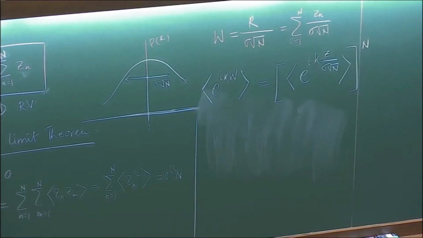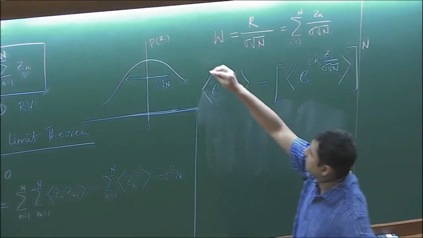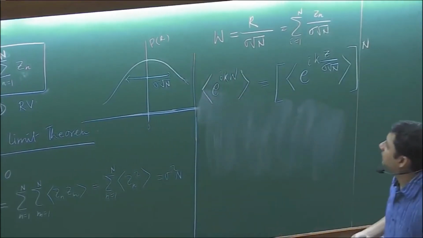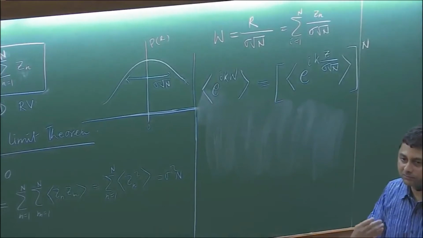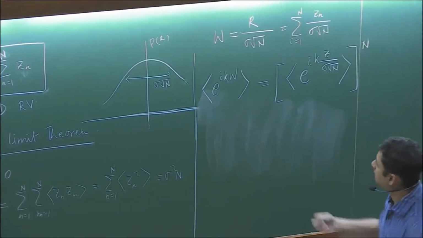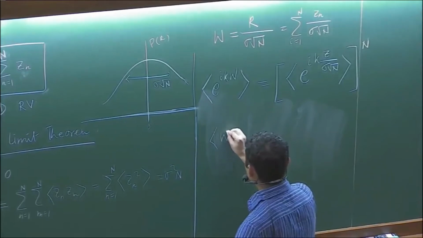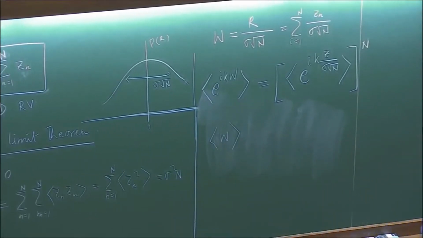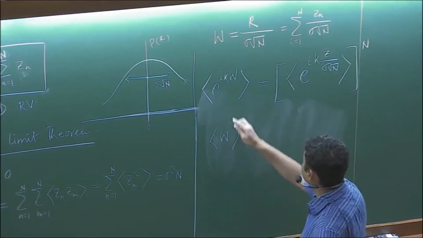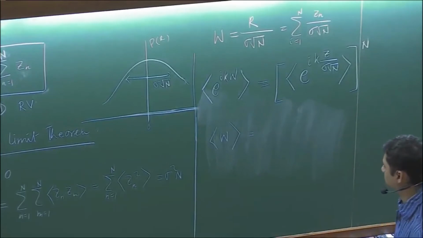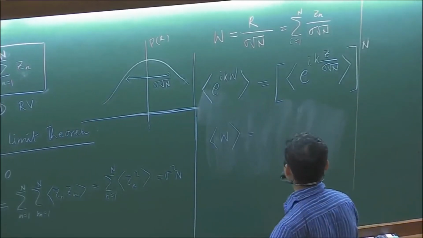So how do you get a moment from a characteristic function, if the moment exists? What is a mean? The mean is this one. If I take a derivative of this object, what is this object?